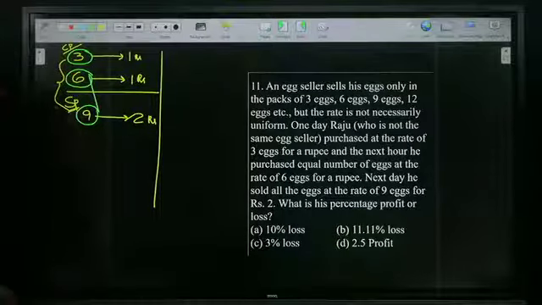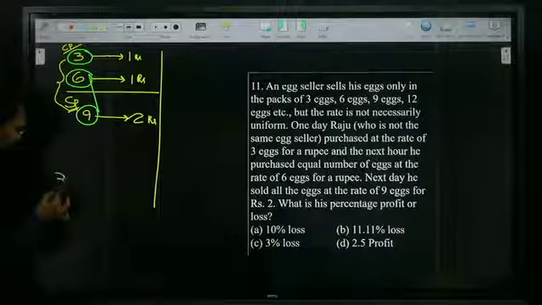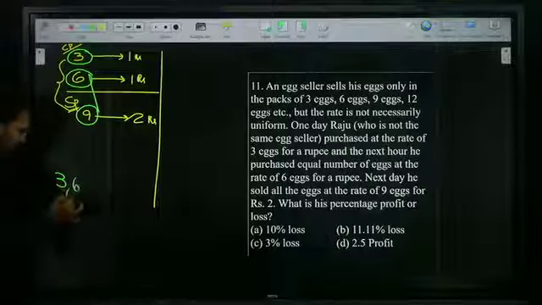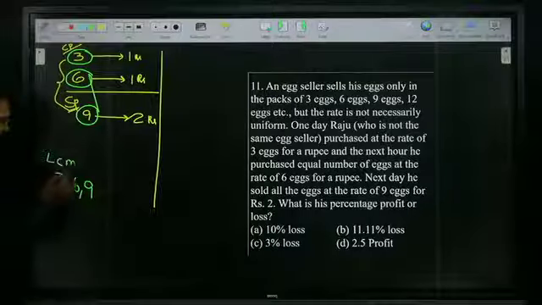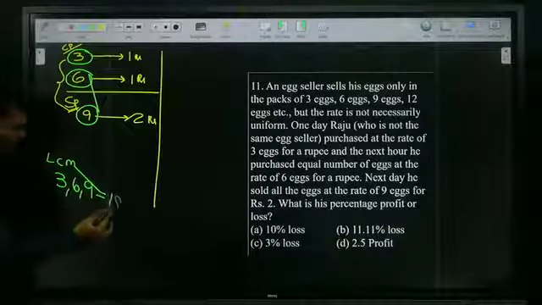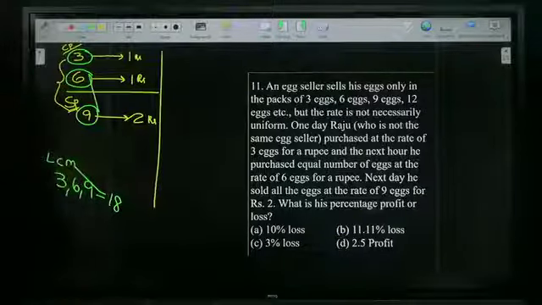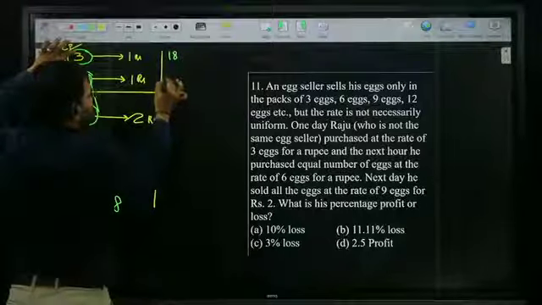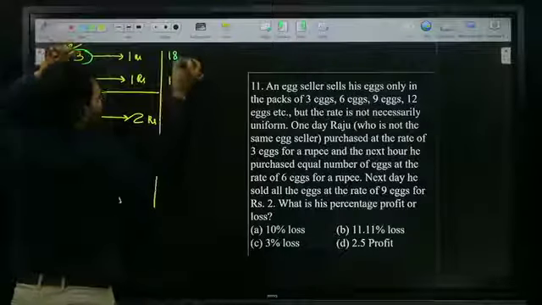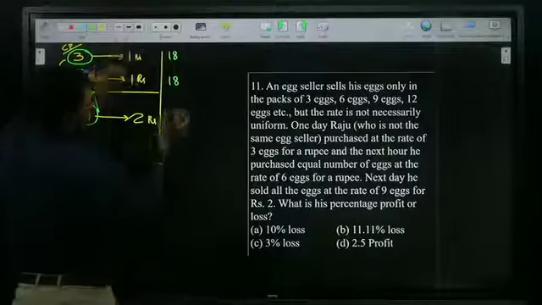All of you okay? What is the LCM of 3, 6, 9? LCM is 18. So I need to purchase 18x from the first market, 18x from the second market. Now both x are equal.